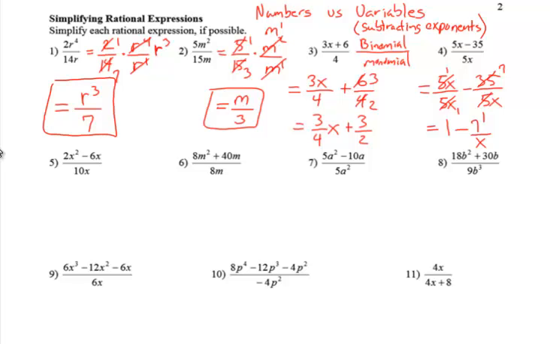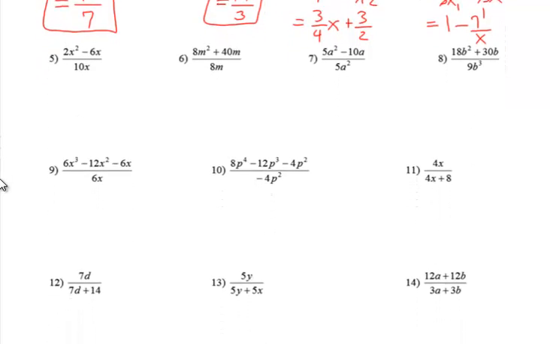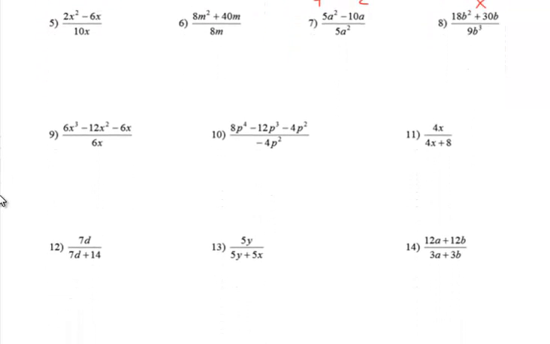Again, I'm not going to do all of these, but I just want to pick a few to look at here. So we see we continue to have a binomial divided by a monomial. So I'm going to do number 5 here. So it's 2x squared divided by 10x minus 6x over 10x. So I want to simplify both of those.